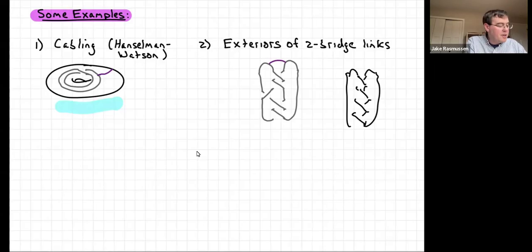Notice that again, for a two-bridge link, I have a natural tunnel here that I'm going to drill out to get this operator.